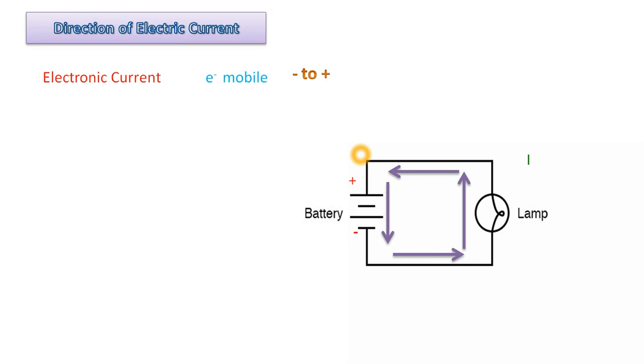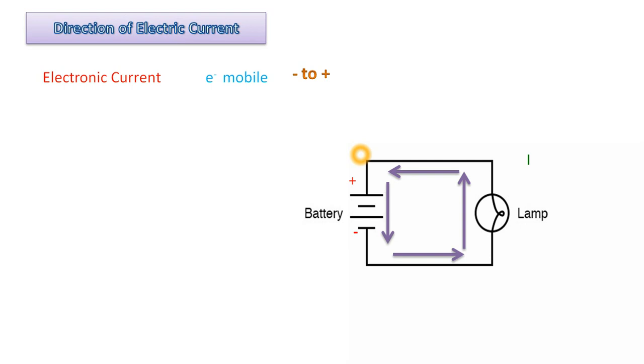In fact, there are certain cases where both positively and negatively charged particles act as charge carriers. When you learn about semiconductors in higher classes, you will learn about positive and negative charge carriers. So, this is the concept of electronic current, which says that electrons, being negatively charged carriers, should move from the negative to the positive terminal of the external circuit.